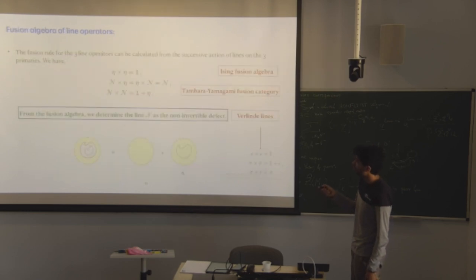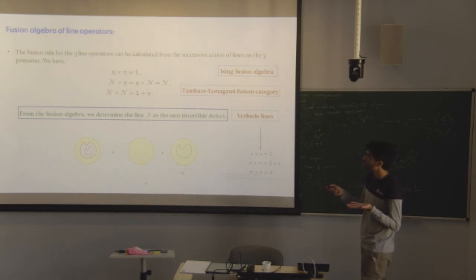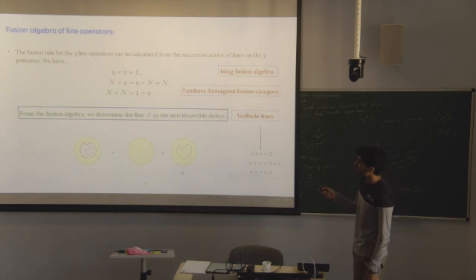To understand this, what we do is subsequently act the operators one by one on the state, and then you find that eta squared would give you just the identity line. The N line with the eta line would give you the N line back again. But if you apply N squared, you get 1 plus eta, right?